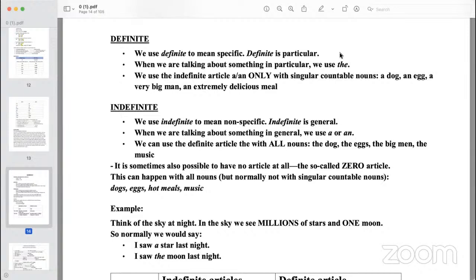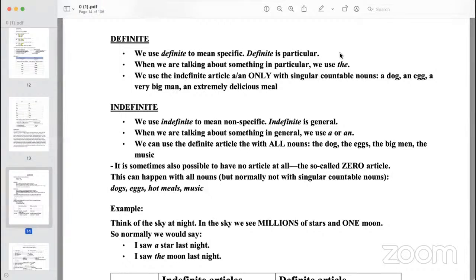An apple is specific. You're being really specific about what you're talking about. Or you could be talking about a particular person. It could be a particular teacher that you're talking about. So that is being specific. When we are talking about something in particular, we use the.